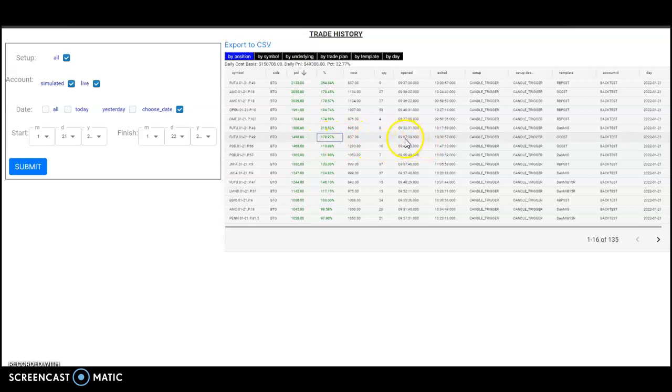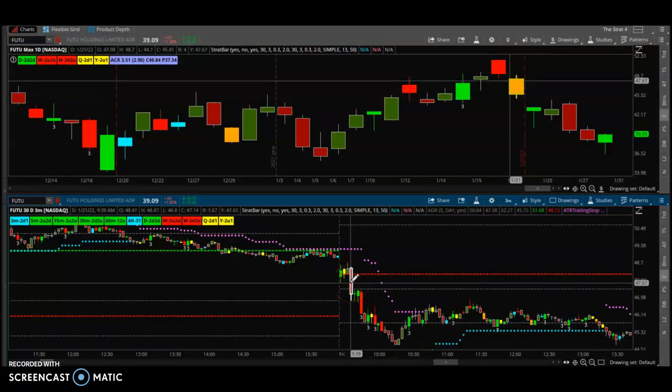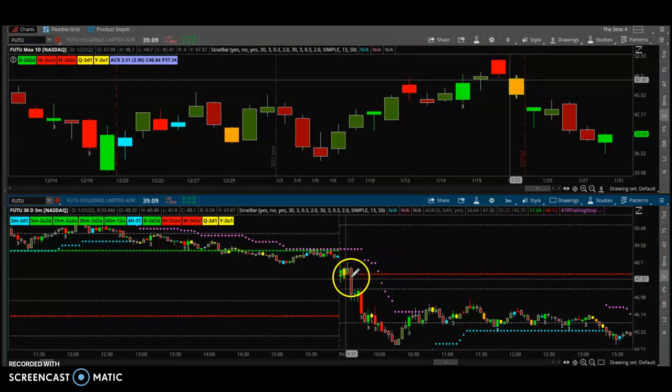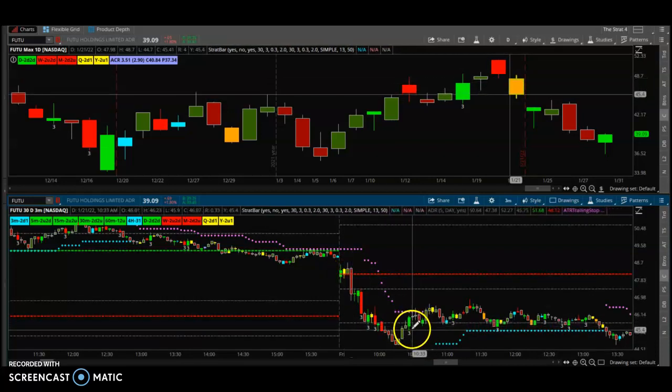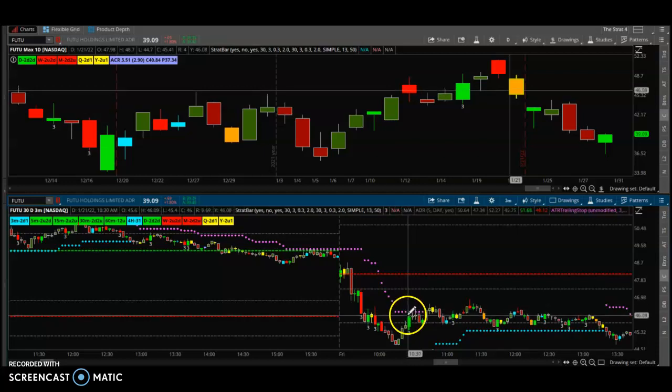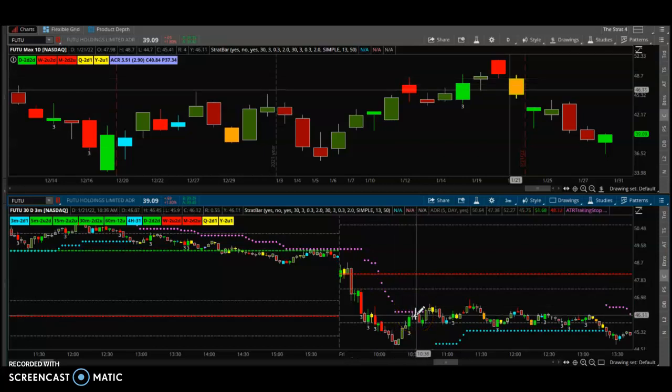So I entered at 9:37, exited 10:30. Let's see, 9:37. Yeah, wow. And 10:30. Yeah, because of the backtest it shows earlier times. But yeah, that's what happened.